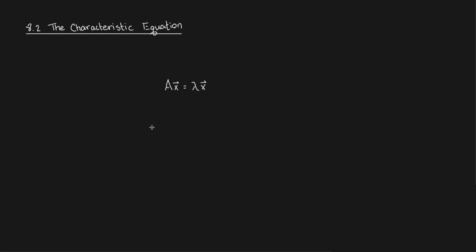Well, what we could do first is move lambda x to the other side of the equation. So we'll get Ax minus lambda x equals the zero vector. Okay? Now, our initial thought might be to factor out vector x here.